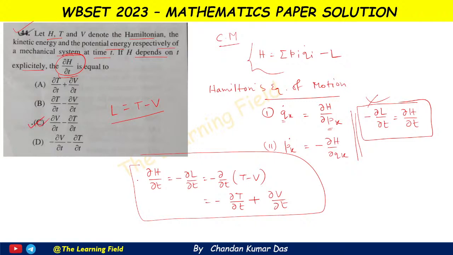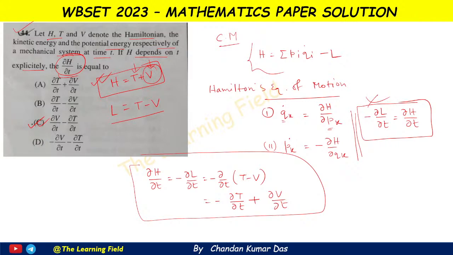In this question you can make a mistake: you could also try to solve it using the relation H equals T plus V, where H is the Hamiltonian, T is the kinetic energy and V is the potential energy. But here is a but. We get this when the system is conservative, that is, V is independent of time.